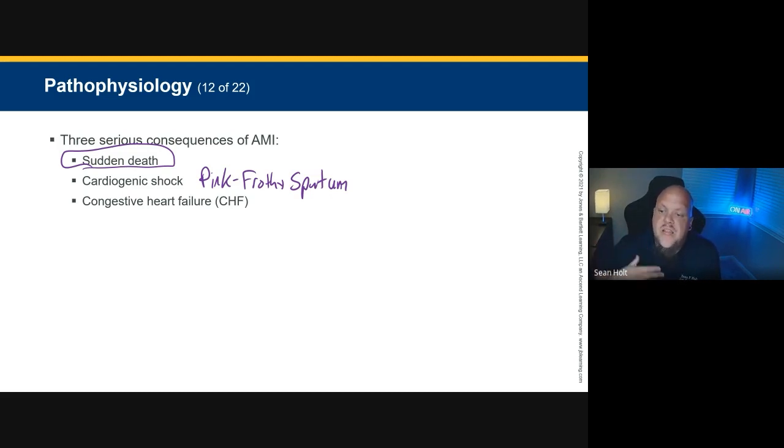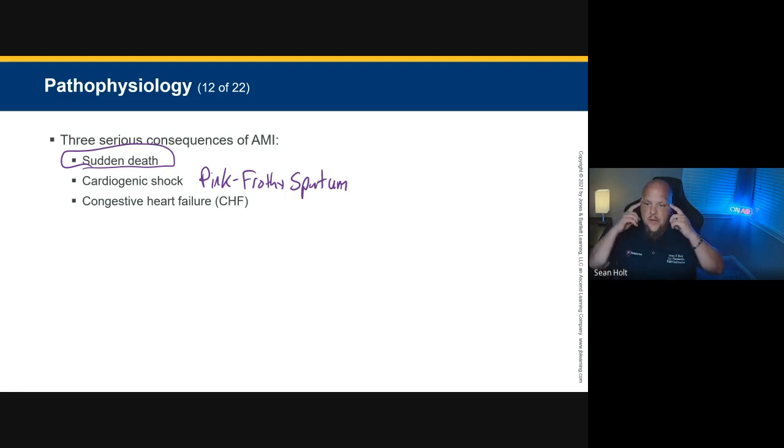Fluid is overfilling the lungs and it's coming out of our trachea and getting spit out of our mouth, okay? What happens is the left side of the heart that usually pumps out to the body is under too much strain, or it's not pumping effectively. So if the left side of my heart is not pumping effectively, the blood trying to get through it is backing up somewhere.